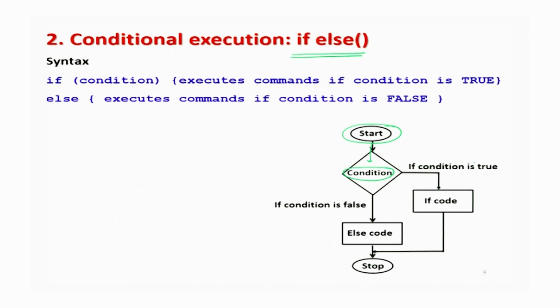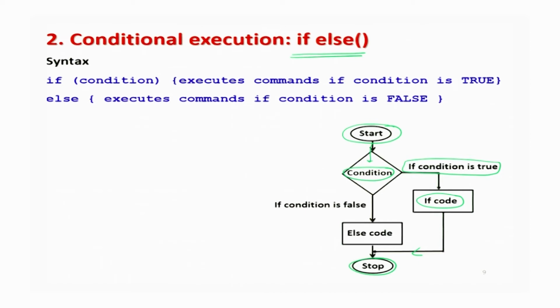If the condition is true, then it will work just like your if condition, and whatever code you have written is going to be executed, and after executing it the program will stop.